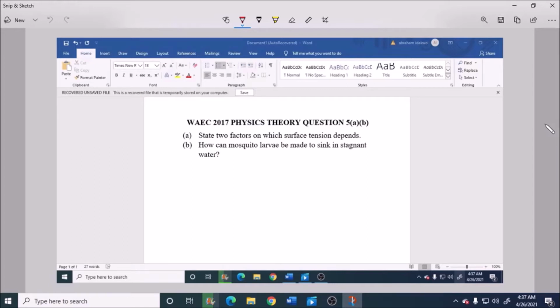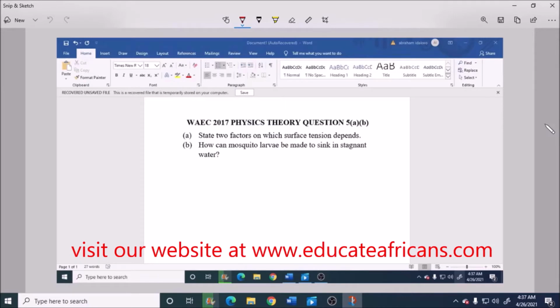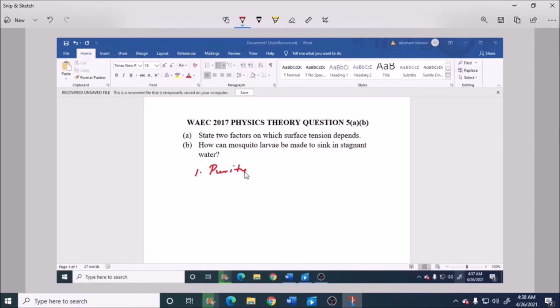Now number one, we have the purity of liquid.